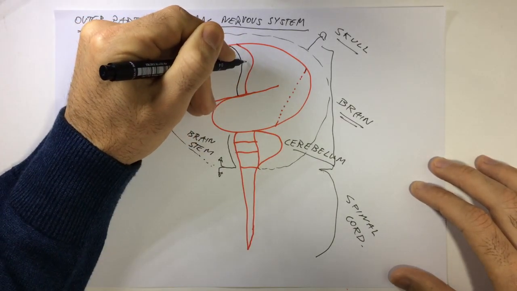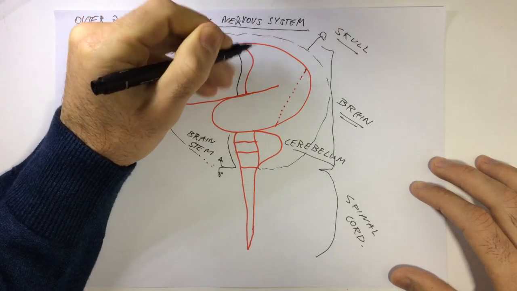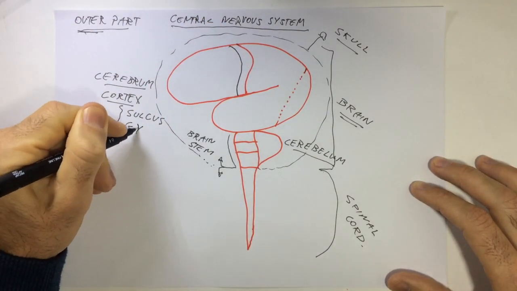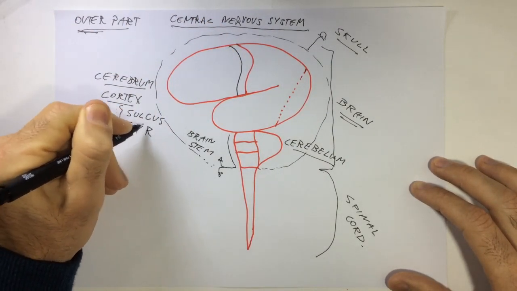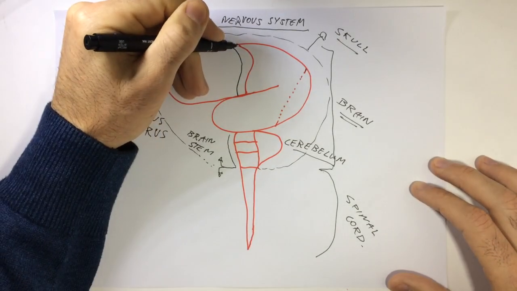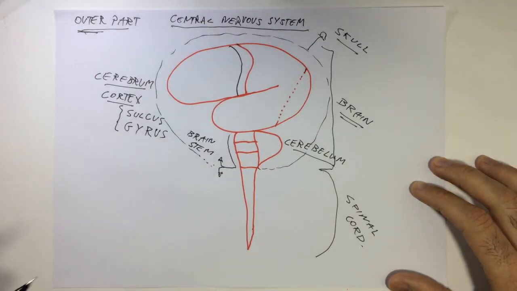And the structure that is between two sulcus, we call gyrus. So here we have one sulcus, one gyrus, another sulcus.